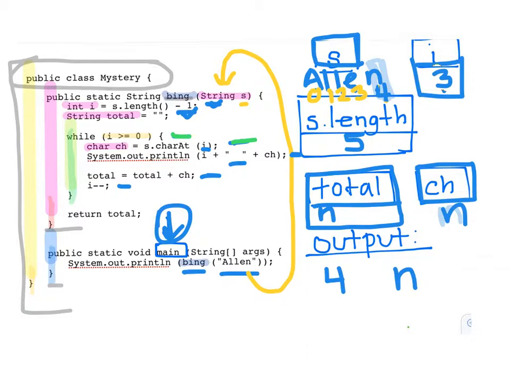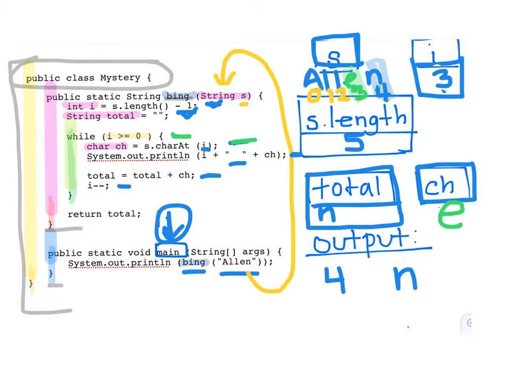I'm going to go up here, and at the 3rd position, oh, here we go, that is the e. Okay, so we know which one that is, and that's going to switch. What ch is now, I'm going to have to erase that because it was n before. But now that we've gone through our code, it's changing to e.